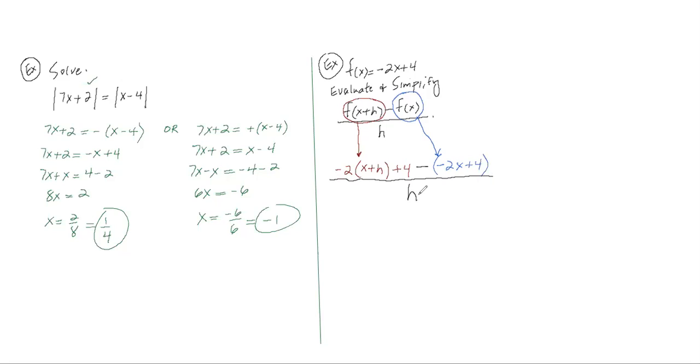So this is the part they call evaluate. Now let's simplify. Now remember what I said with simplifying. You have to remove that h that's in the denominator, okay? So let's work out the numerator. Remove the parentheses.